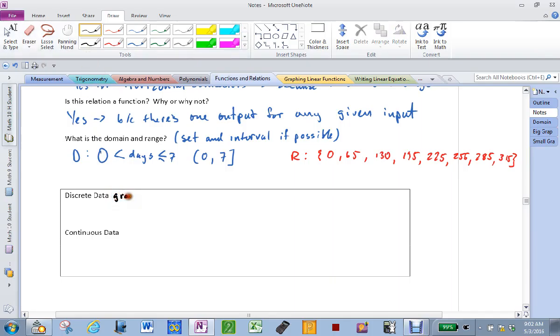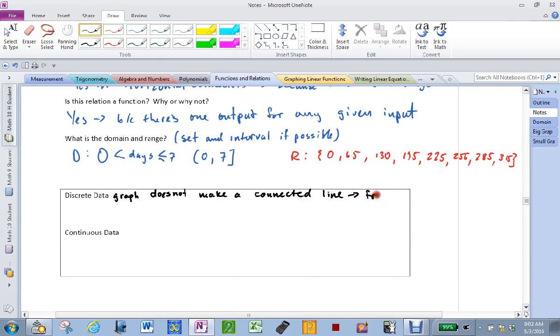The graph does not make a connected line. That's if I have a picture. What if I don't have the picture?